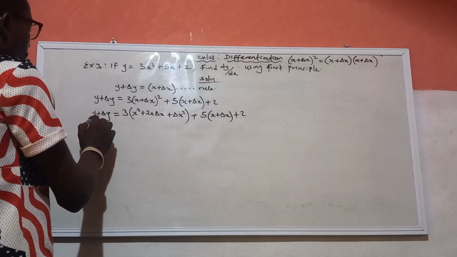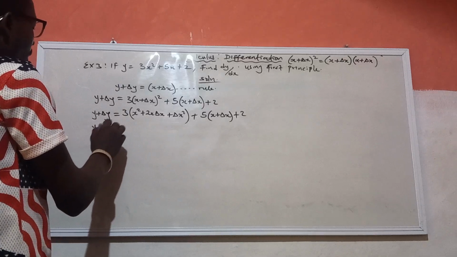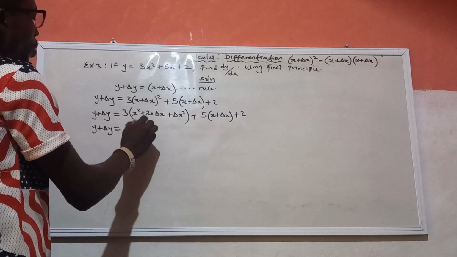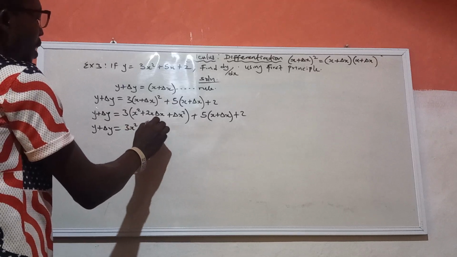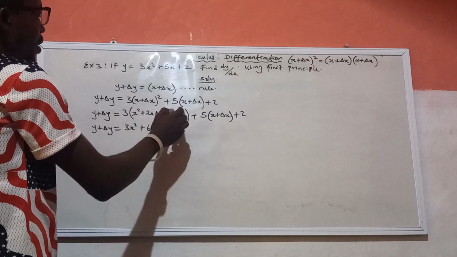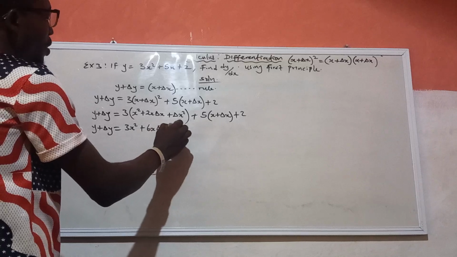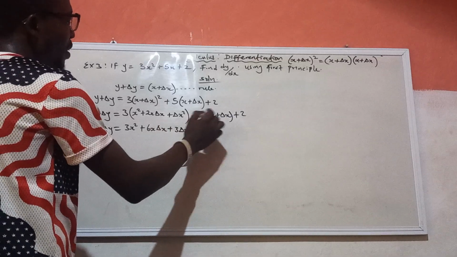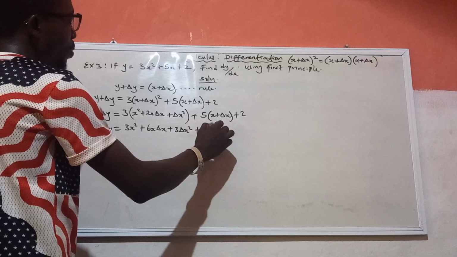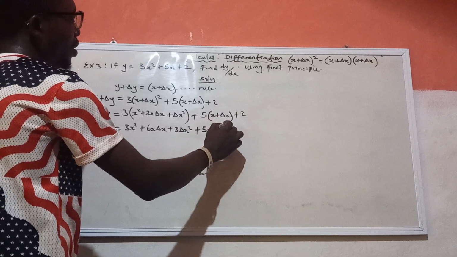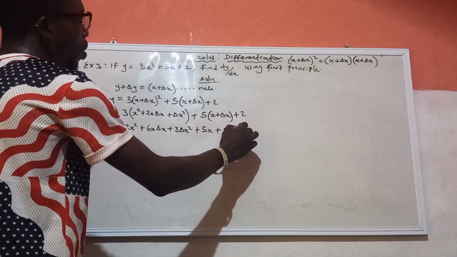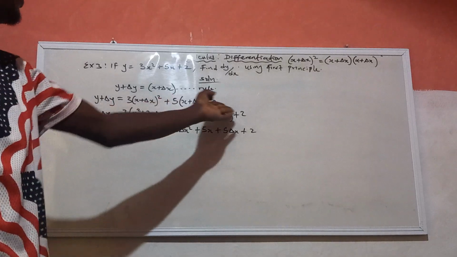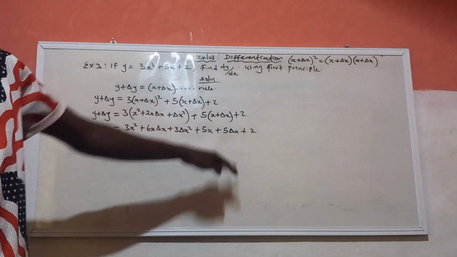So I will say y plus change in y equals 3x squared plus 6x change in x plus 3 change in x squared, plus 5x plus 5 change in x, plus 2. Can you see? After I expand everything, this is what I have.